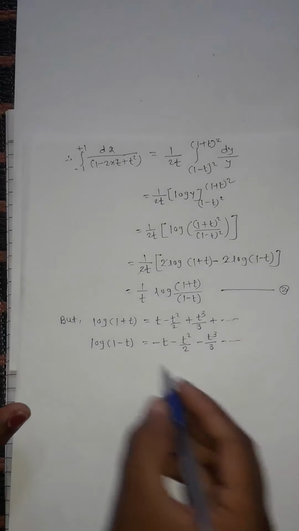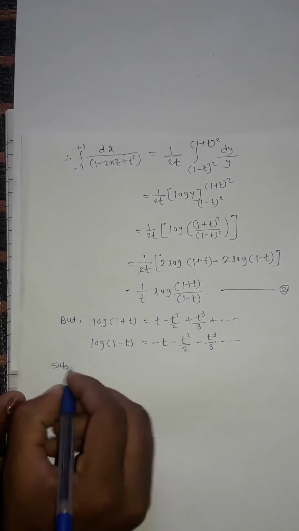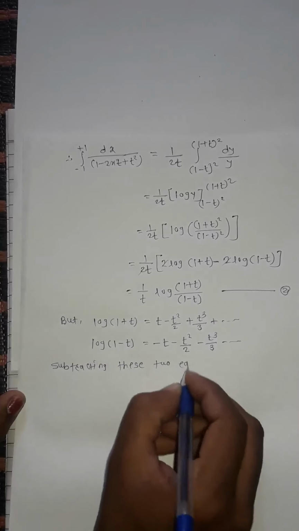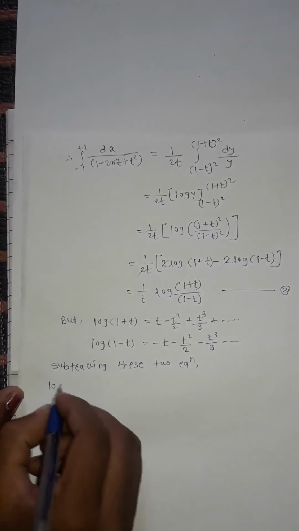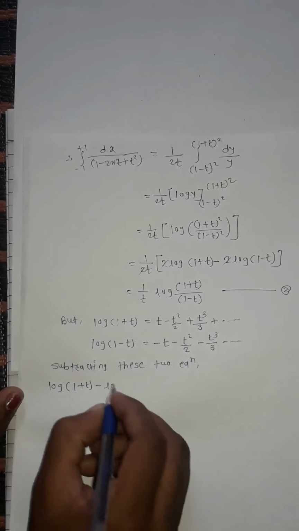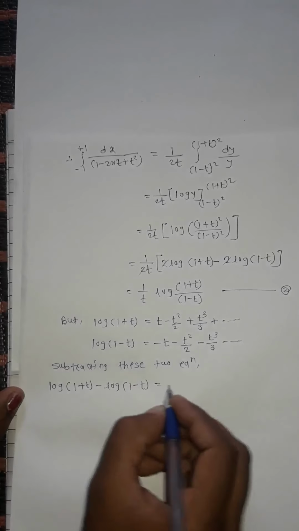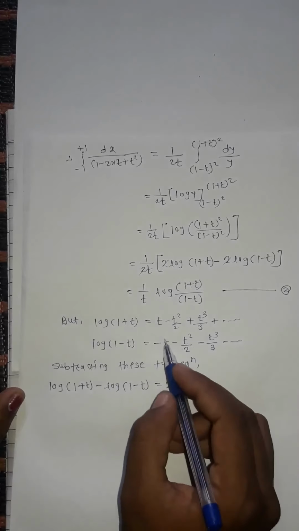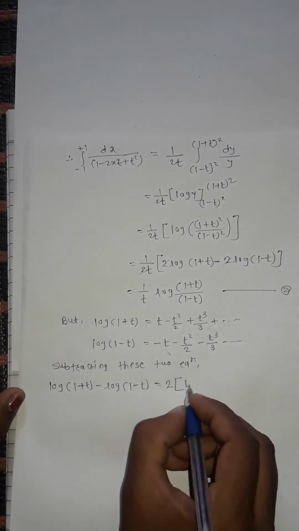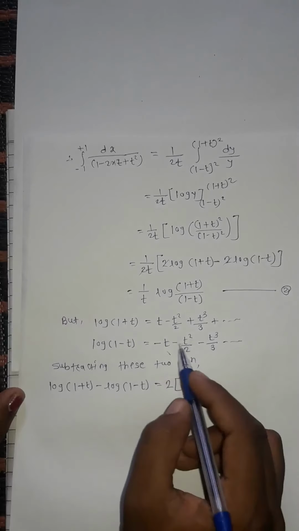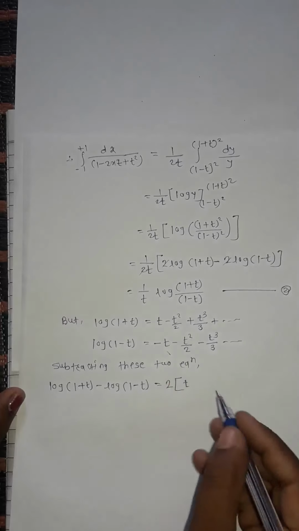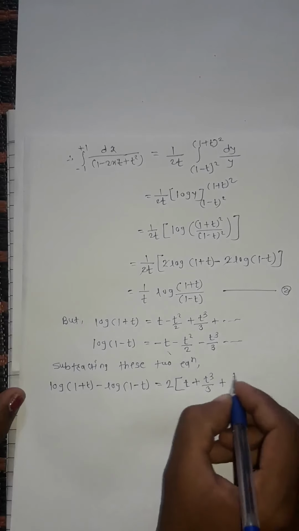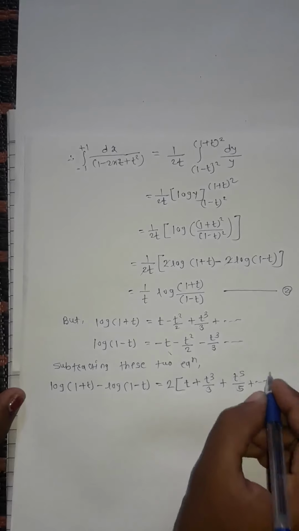Now, subtracting these two equations, we get log of 1 plus t minus log of 1 minus t is equal to 2 into t plus t cube upon 3 plus t raised to 5 upon 5 and so on, since the even terms cancel.